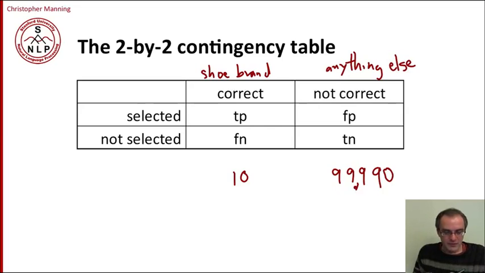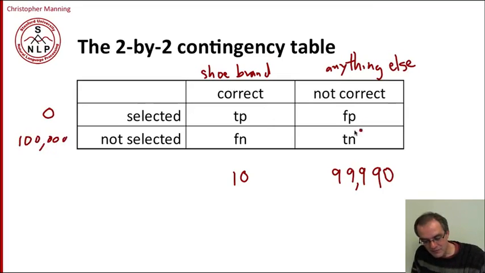Well, if we build a classifier, presumably even if it's a mediocre classifier, we're going to say most words are not a shoe brand. And if we go straight to the limit case, one possibility of our classifier is it could say that no word is a shoe brand, so it doesn't select any words as shoe brands, and it says that all 100,000 words are not shoe brands.